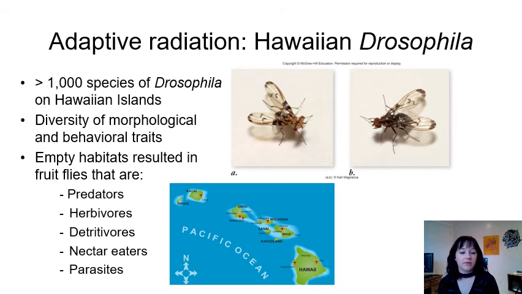And so we have some flies that are predators, others that are herbivores, detritivores, they're eating carrion or dead animals and plants, nectar eaters, and parasites. So depending on their environment, some of them needed to become predators, others needed to become nectar eaters, right? And so as they evolved, eventually they became reproductively isolated and are now considered unique species.